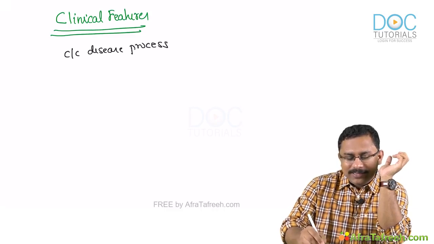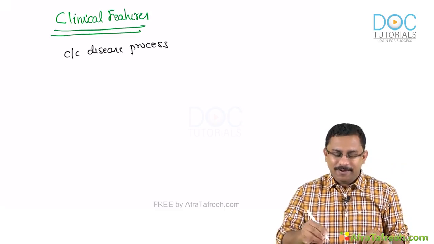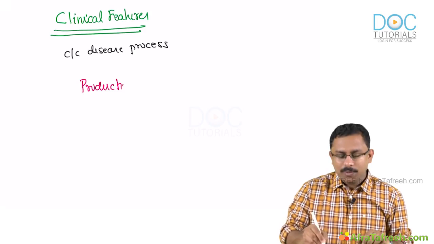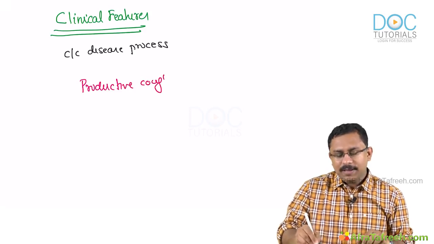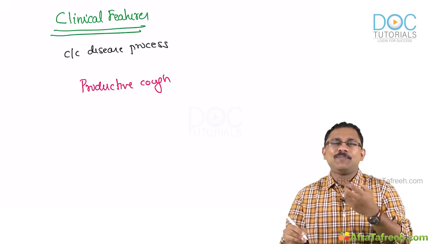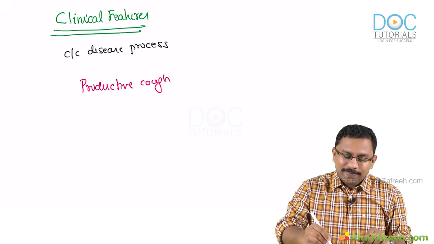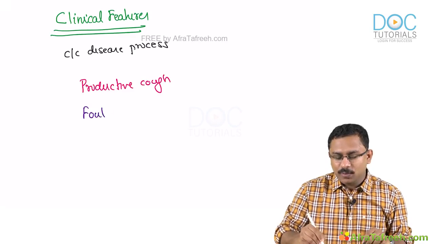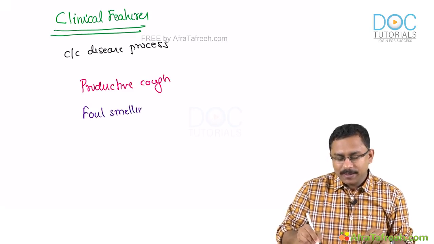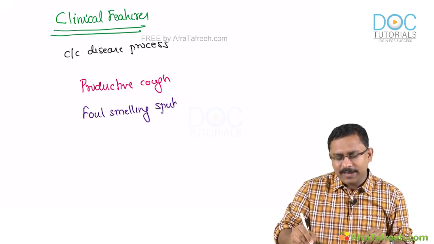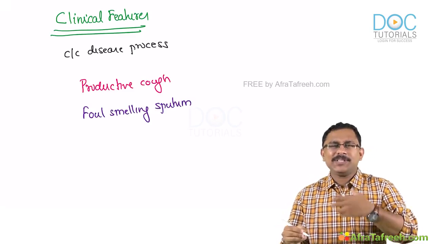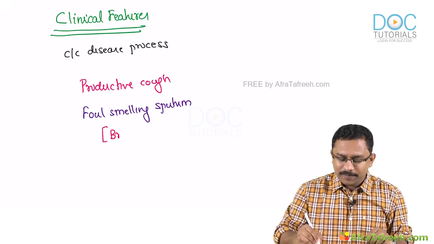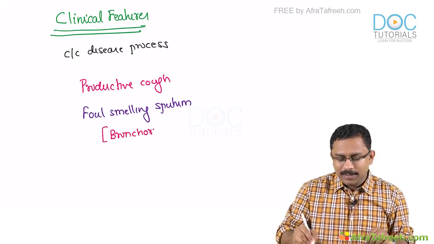And the presenting symptoms that the patient might have: one will be a productive cough, and the cough will be productive with copious amounts of foul smelling sputum. In fact, a very offensive smell, and sometimes the amount might be so profuse you can call it bronchorrhea.